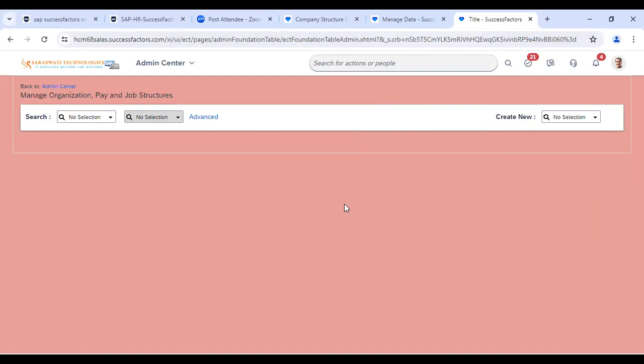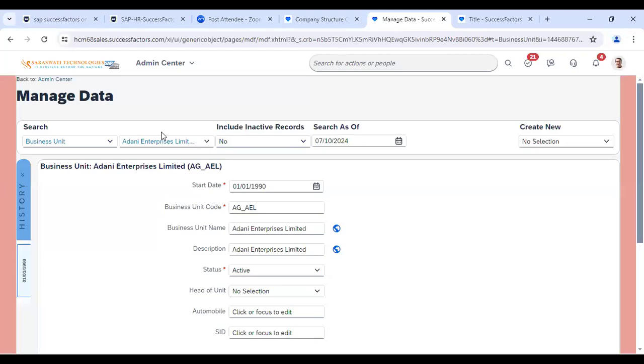After some releases, about 3 or 4 years ago, the org structure, that is legal entity and business unit, was also here only. After some releases, that was migrated to managed data. So whatever MDF data, that is the migrated data, is coming from legacy to this data.